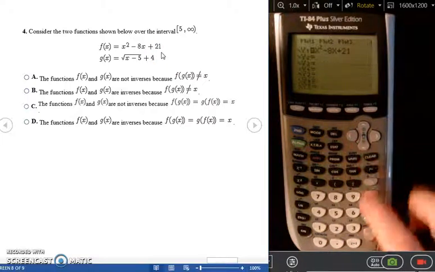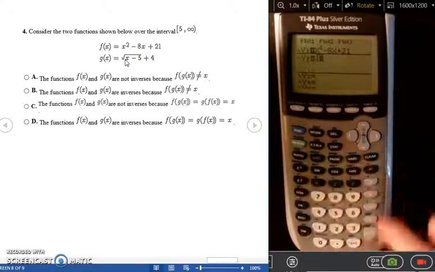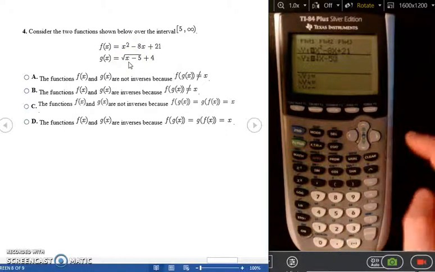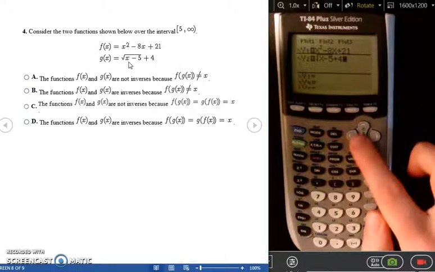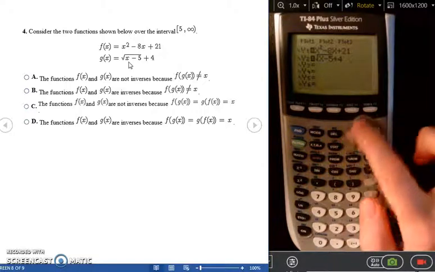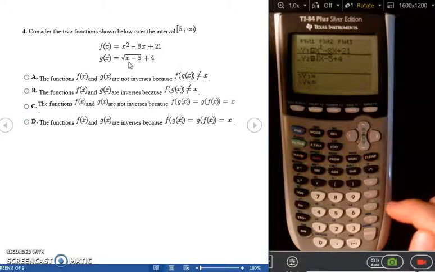And then into y2, I'm going to type g of x, which is the square root of x minus 5. That's everything that's under the square root, so I'm going to scroll out of it and put a plus 4. However, I want to help myself know which one's which when I'm looking at the graph, so I'm going to change g of x, or y2, to a thicker line. So I highlight the line and press enter to make it a thicker line.